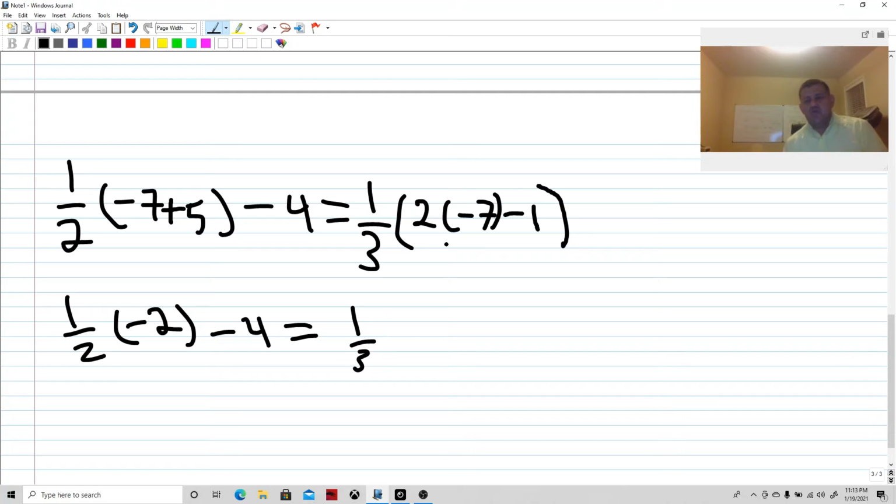In this case, we do the multiplication inside the parenthesis, which is -14, minus 1. So now this piece right here is equal to -15.